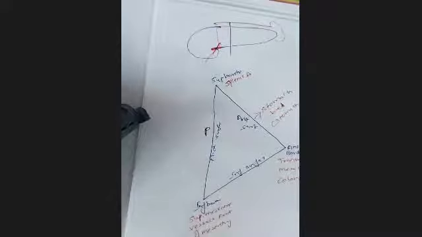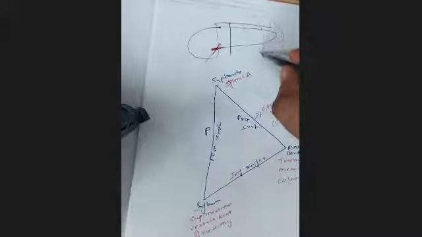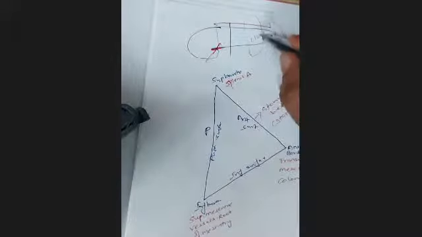Now coming to the posterior surface. The posterior surface will have many things. The posterior surface of the pancreas will have the aorta, the left crus of the diaphragm, the left suprarenal gland, and the left kidney. I'm drawing the posterior relations.